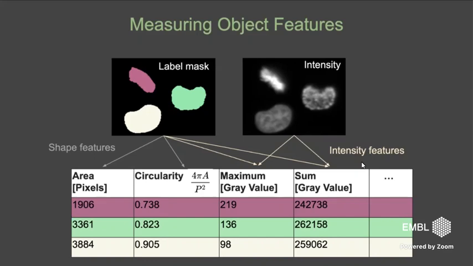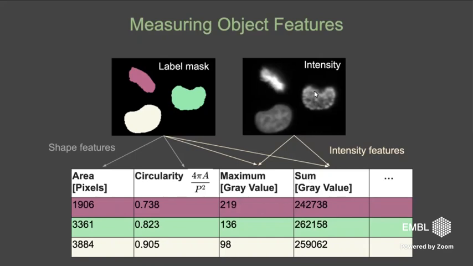You can also measure intensity features. So for this, it's not enough to only have the label mask, but there you actually combine the label mask with the intensity image, and then compute inside each of the labels certain intensity features. Here, for example, I have the maximum gray value. You can see, for example, here, this is in fact DNA. The DNA was most condensed in the upper left cell. That's why we have the highest maximum value.